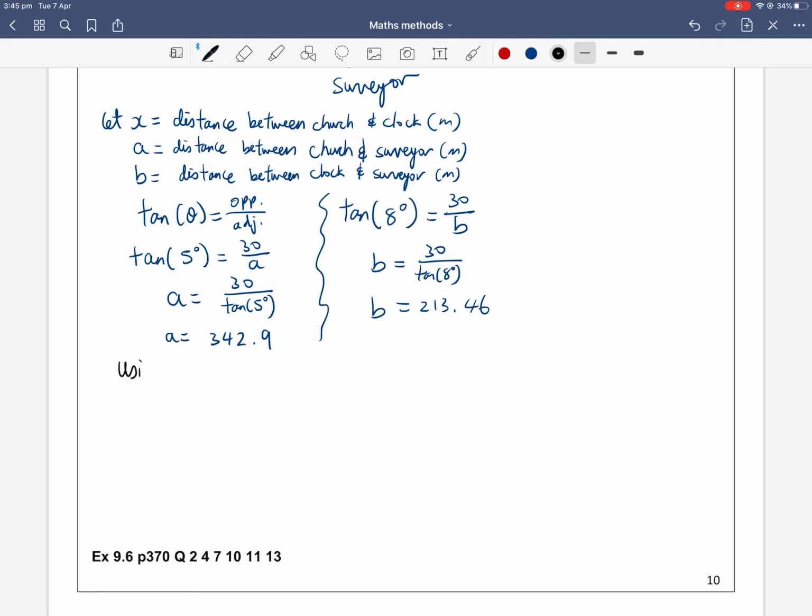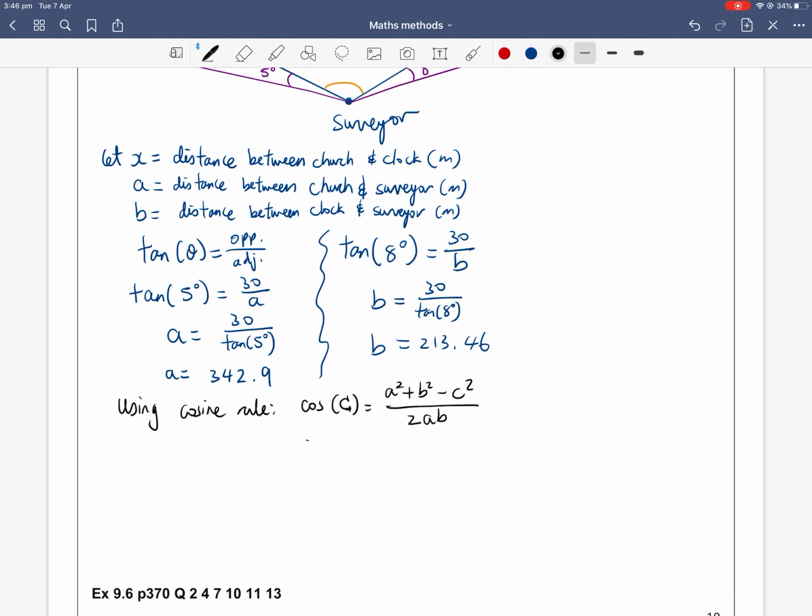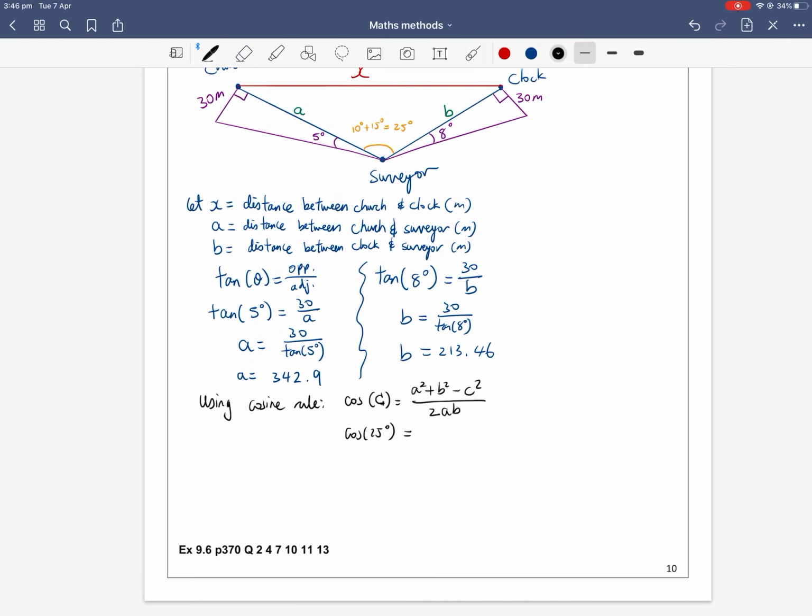So using the cosine rule, your default formula: cos of my angle C is the sum of the other two sides squared, take away my side squared, divided by 2 lots of the other two sides. My angle is the orange angle because that's the only angle I know, 25 degrees.